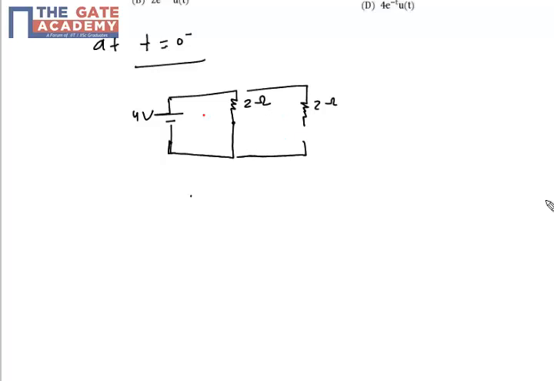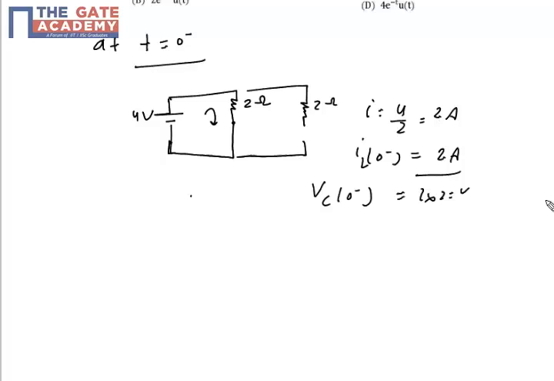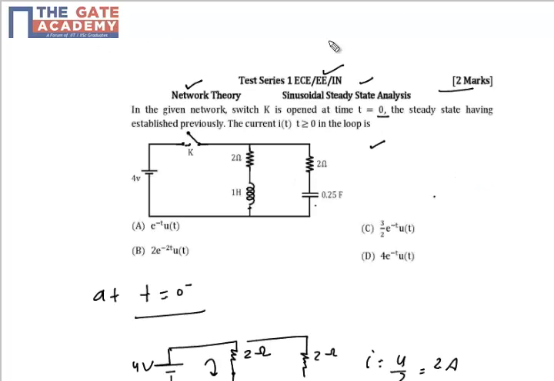So effectively we have only one loop, so current is 4 by 2 ampere. So my inductor current IL(0 minus) will be 2 ampere. Voltage across capacitor will be the voltage across this 2 ohm, so my VC(0 minus) will be 2 into 2, that is 4 volt, right? So we get the initial values of voltage and current.